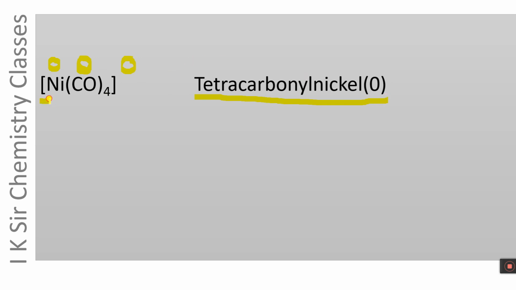It is a coordination sphere and its name is written as a single word without any space. The oxidation state of nickel is written in Roman numerals within small brackets just after the name of the coordination sphere. Here no gap, no space is given.